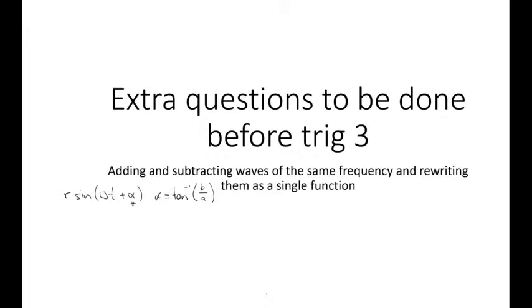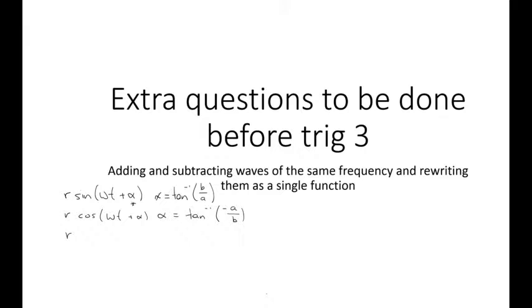Now, if you're asked to write it in this format, which the textbook does have problems on, and it also has problems like this in MyMathLab, then you need to use this rule. And this time alpha is the inverse tan of negative a over b.